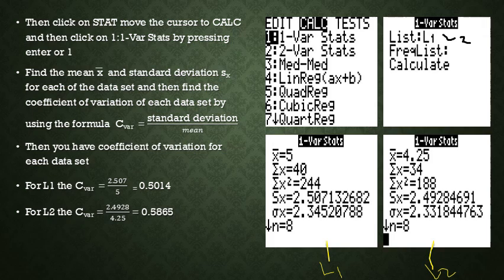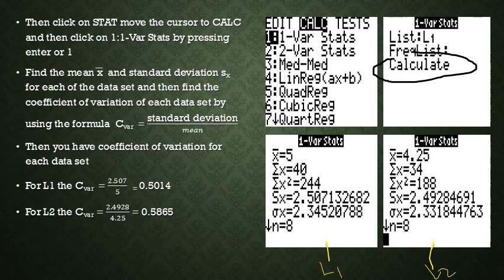L2 is just right above it, and it allows you to put L2 in there. Then you make sure the frequency list is empty, and you click on Calculate, and it gives you your answer for your second list, L2.